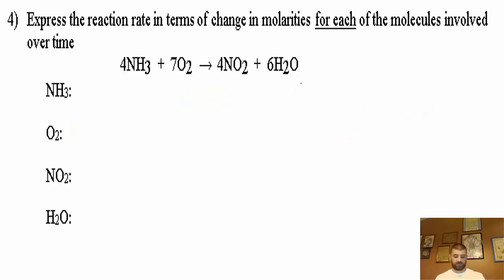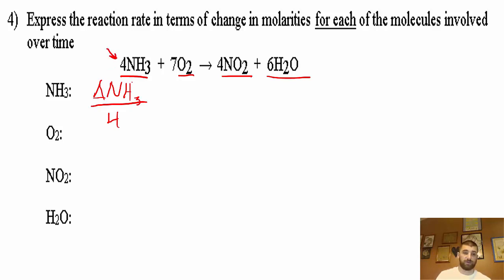4. Express the reaction rate in terms of change in molarities for each of the molecules involved over time. All right, so here you can see we have 4 NH3, 7 O2, 4 NO2, and 6 H2O. So if we're trying to express the reaction rate in terms of these components, we've got to remember it's the change in whatever it is. So if we're looking at NH3, it's the change in NH3 divided by 4 because its coefficient is 4.